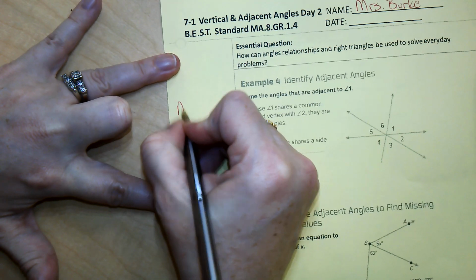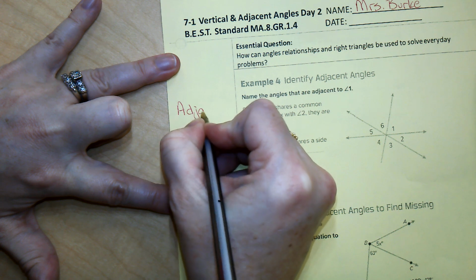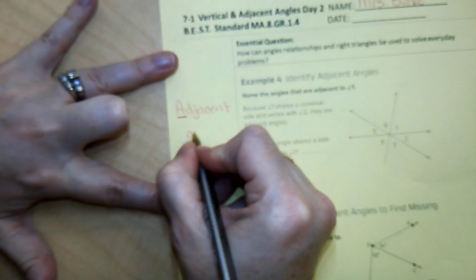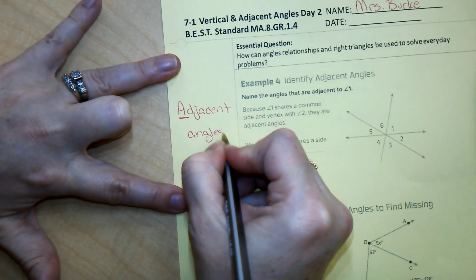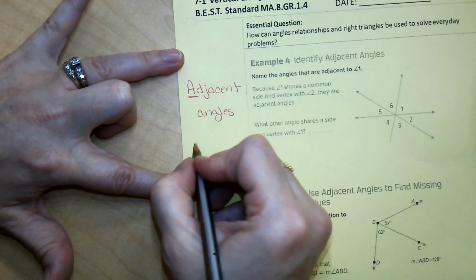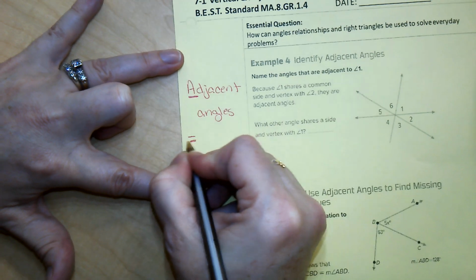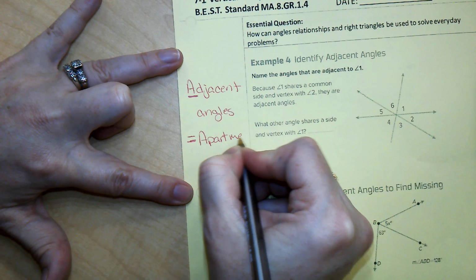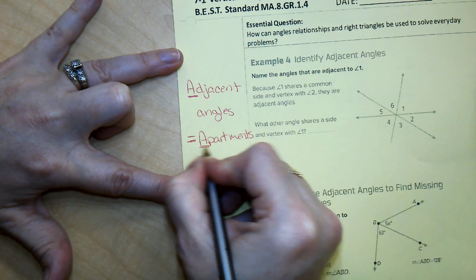All right, so adjacent starts with an A. What we're going to think of in this section is another A word: apartments. I'm going to tell you why in a minute. That sounds a little weird, I know.